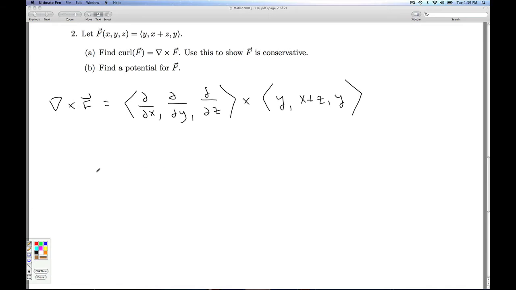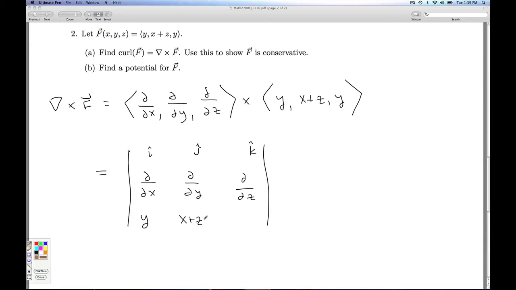We're going to use the cross product, so we're going to abuse notation all over the place here. I, J, K, and we're going to enter del in there, and we're going to enter the y, x plus z, y. So there's just abusive notation running rampant here.